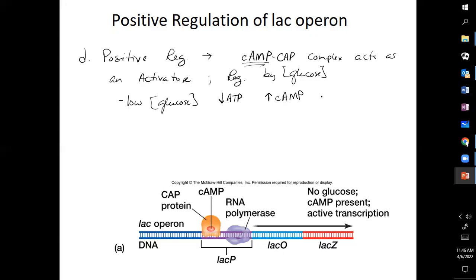And it binds to this CAP protein. So when cAMP levels go up, it binds to the CAP, which stands for catabolite activator protein. When cyclic AMP binds to CAP, it acts as an effector molecule and causes it to bind to the activator binding site.